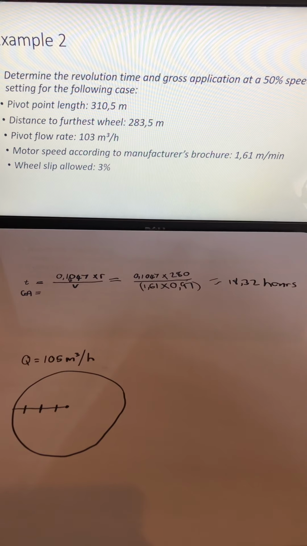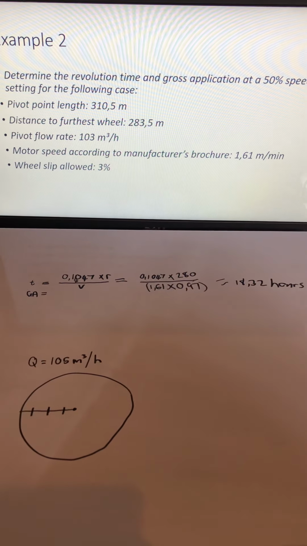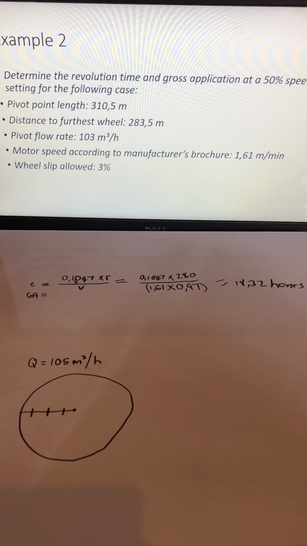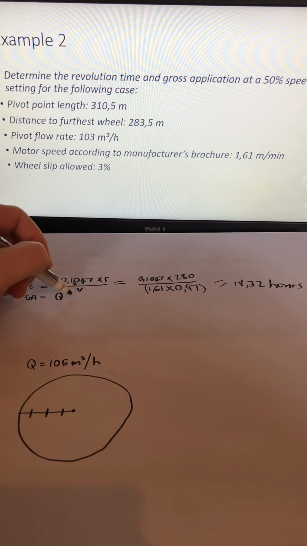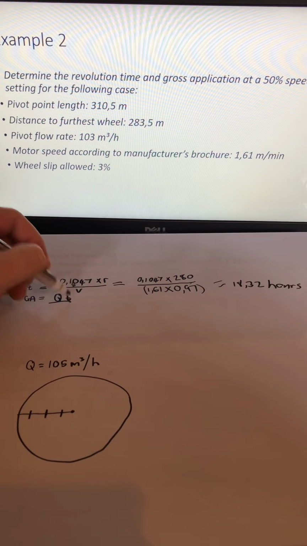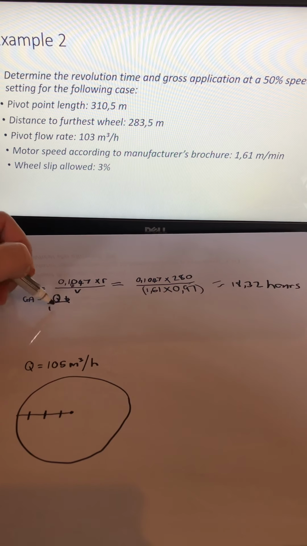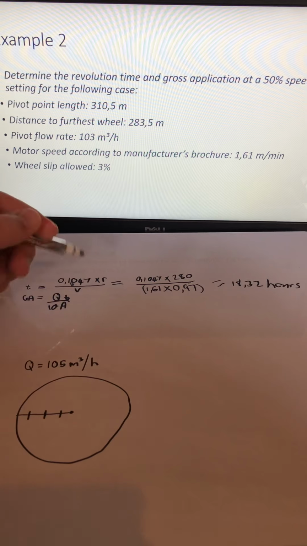So now you want to know what the gross application is. So you want to know how much water the center pivot applied during this time, and that'll be calculated with the formula of Q times T divided by 10 times the area.